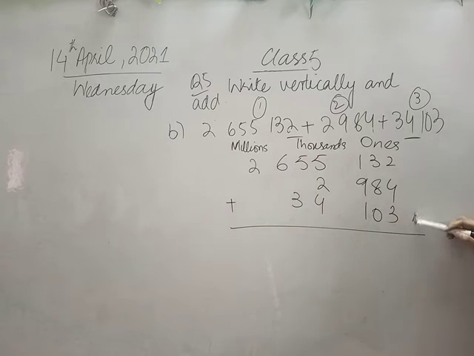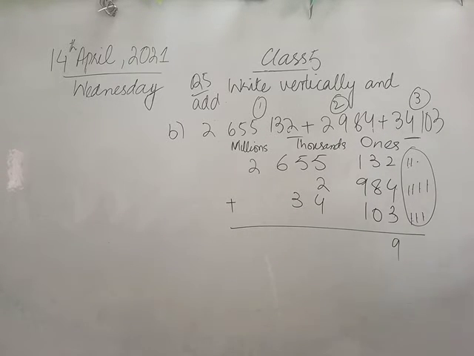Now I am going to start from this side. We have to add 3 numbers one by one. 3 plus 4. For upper I have 2. In middle I have 1, 2, 3, 4, and in lower I have 1, 2, 3. So in total I have 1, 2, 3, 4, 5, 6, 7, 8, 9. 9 in total.